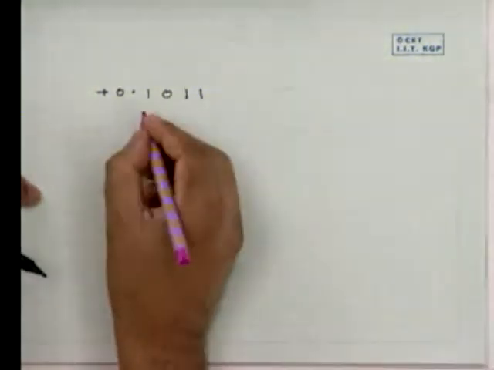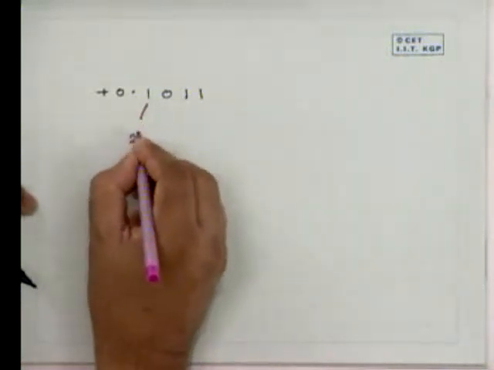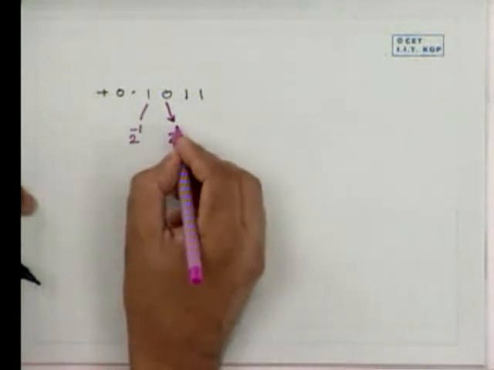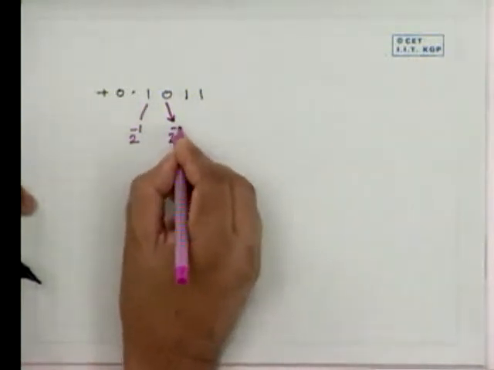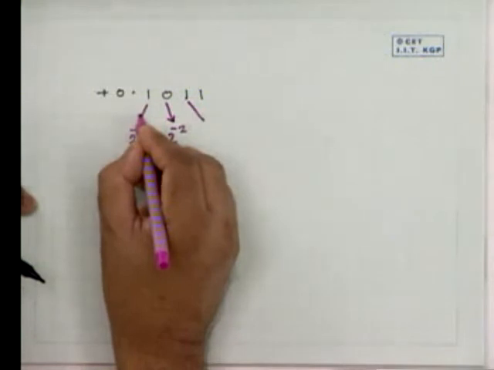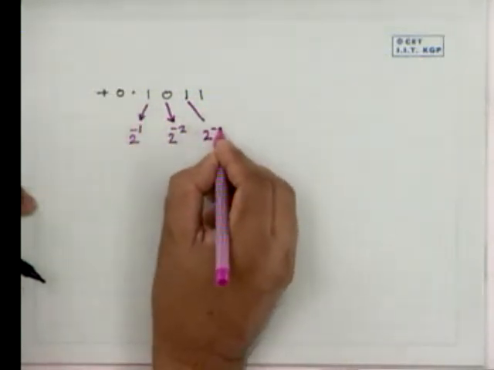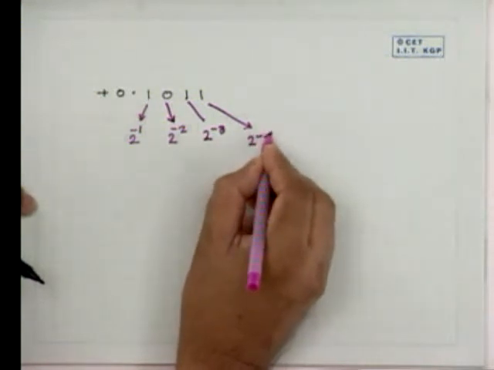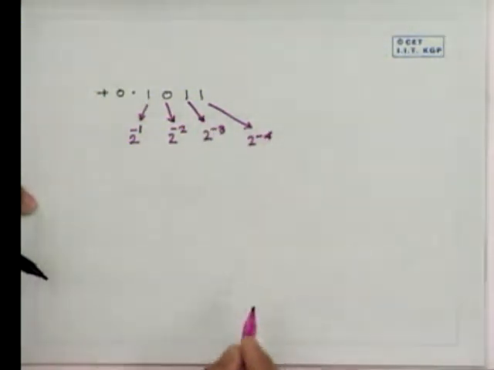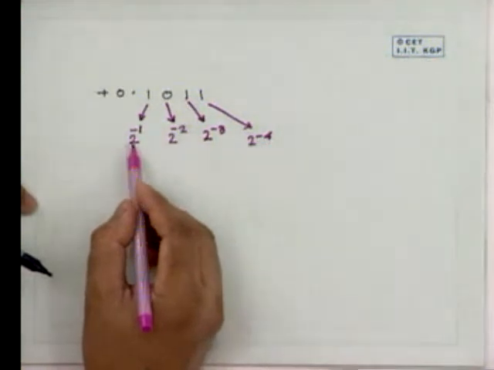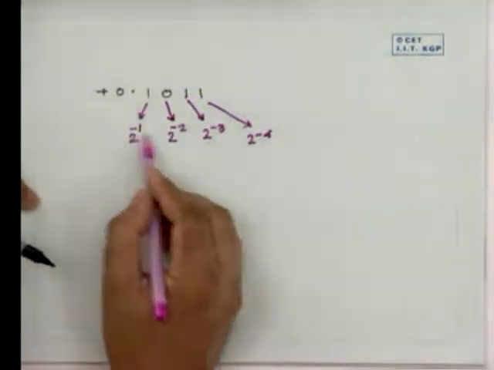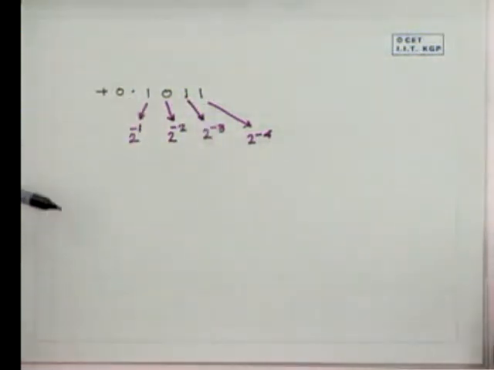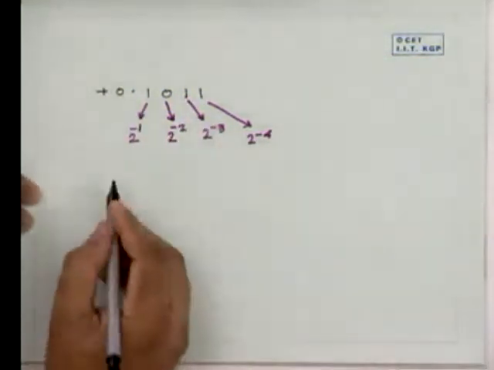The weight of this bit is 2 to the power minus 1, the weight of this bit is 2 to the power minus 2, the weight of this bit is 2 to the power minus 3, and the weight of this is 2 to the power minus 4. Since our radix is 2, the powers after the binary point are like this.